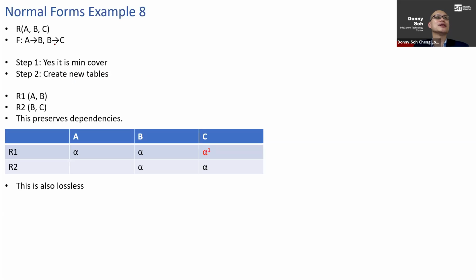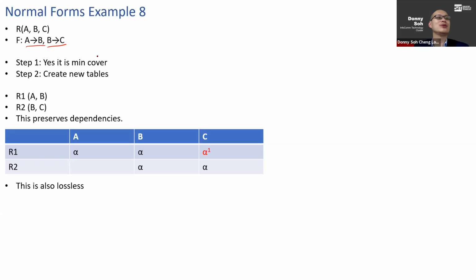Okay, so firstly, I have ABC. I have these two functional dependencies. So we check if it is a minimal cover. This one is quite explicit. So this one definitely is a minimal cover. There's nothing I can take away from the left-hand side or right-hand side because they're all singletons, and also we cannot remove any functional dependency.